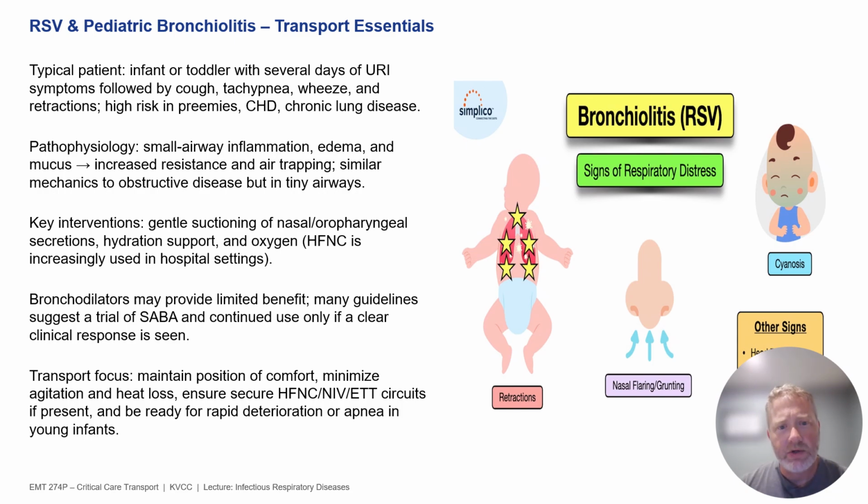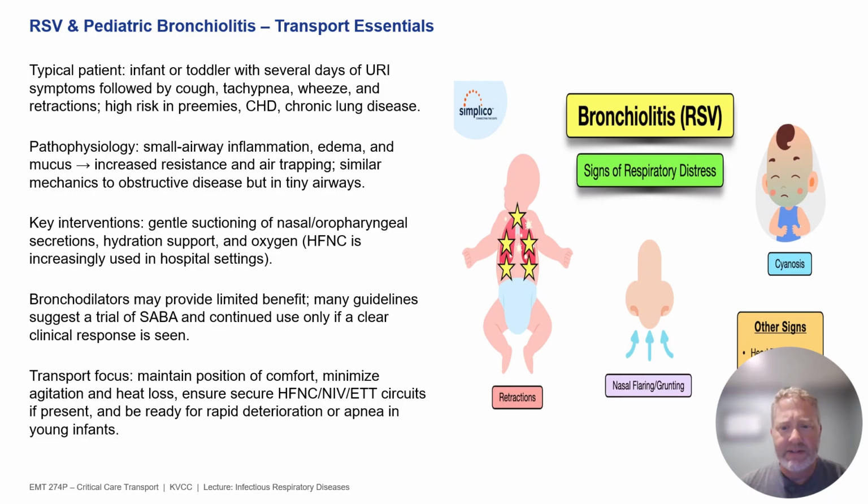The typical patient is an infant or a toddler, often under 2 years old, who has had several days of runny nose and a cough that have progressed to increased work of breathing, poor feeding, and hypoxia.